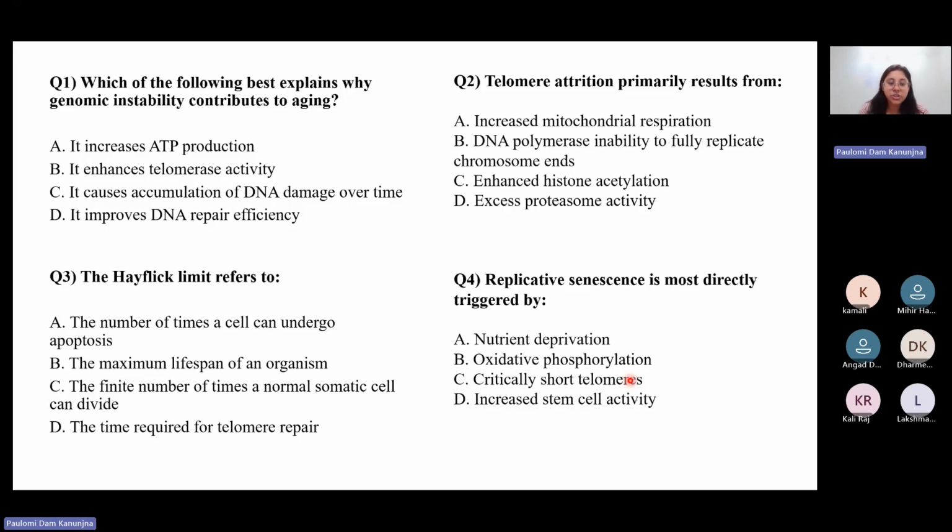Okay, I will just move ahead. Right. So C, B, C, C.